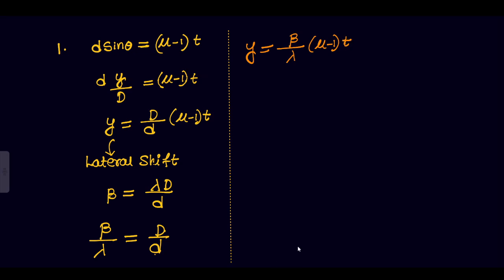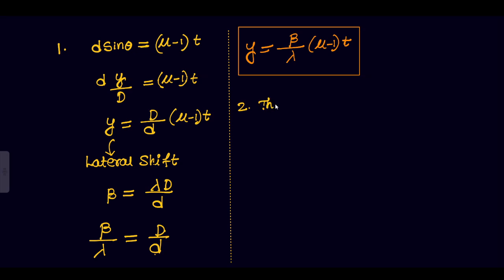This is the lateral shift, beta by lambda into mu minus 1 into t. From this we can find t. T is called the thickness. Now, what is the thickness of the sheet?